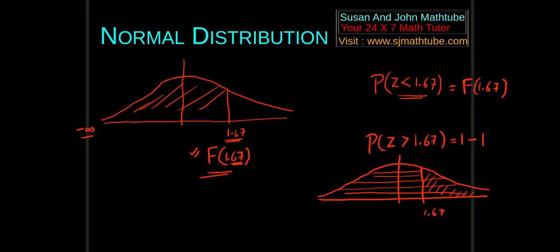So this is 1 minus probability of Z less than or equal to 1.67, or this is 1 minus capital F of 1.67. I hope you got the point, because the table provides this area. So if you want this side, all you have to do is 1 minus this part.